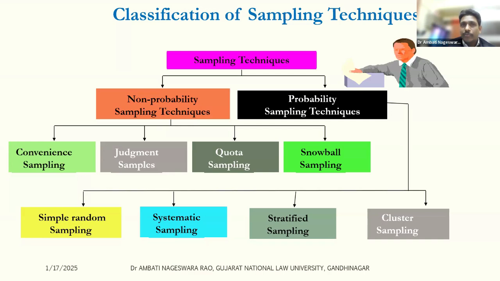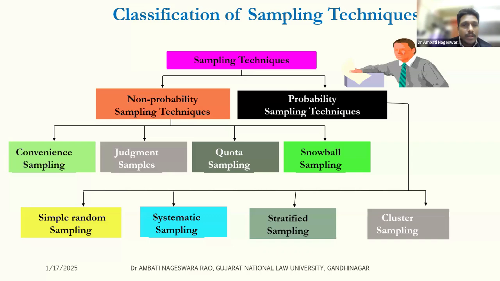However, you may also find some studies, just because they do not have a proper directory about a particular population, they do not have a proper sample frame, there is a possibility that even quantitative researchers may use non-probability sampling technique sometimes. Okay.